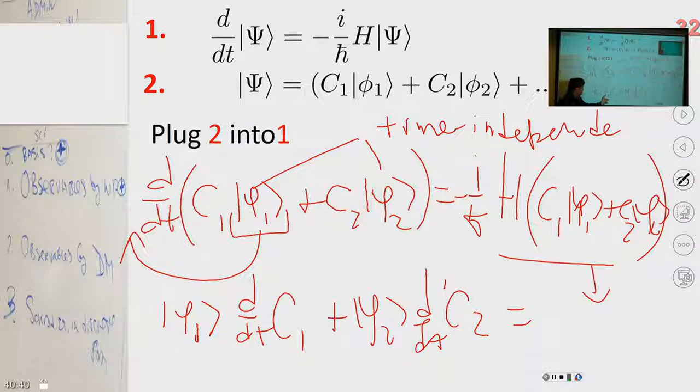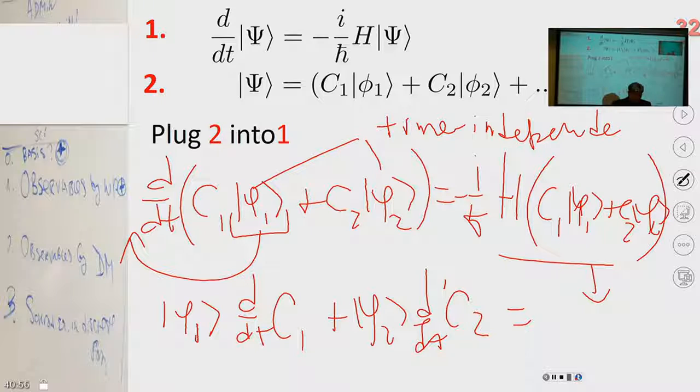Very comfortable. We have a term for time dependence of expansion coefficients. But overall, this object is still a wave function because it has this wave function here and there. But we can apply a standard trick.